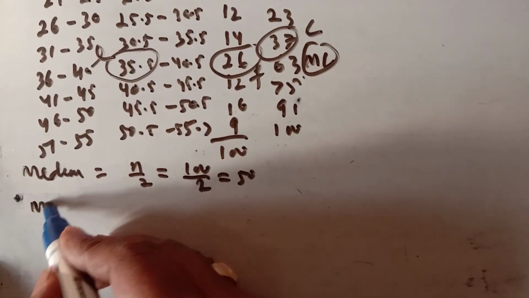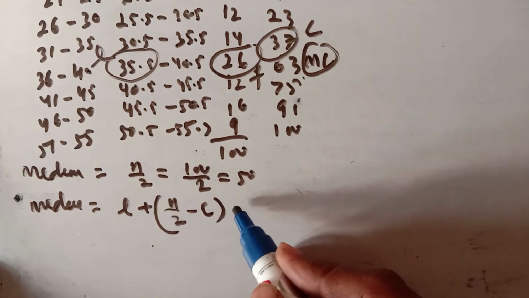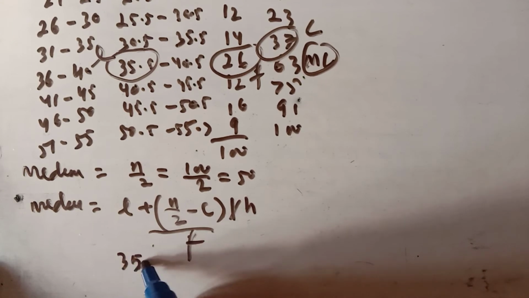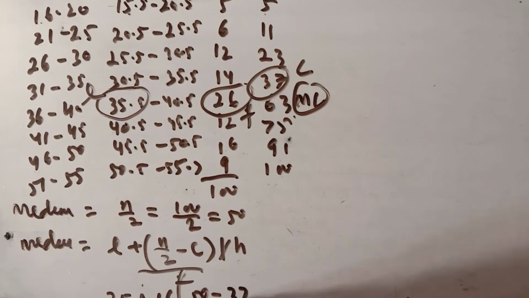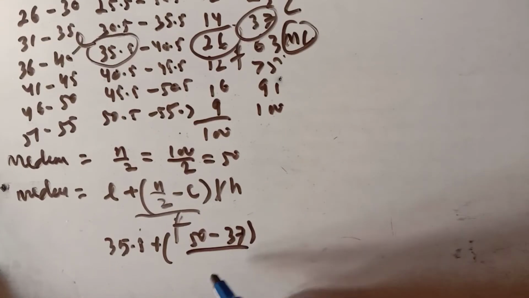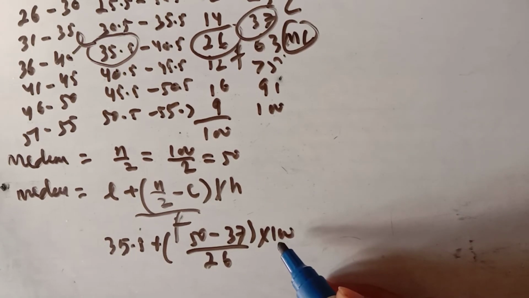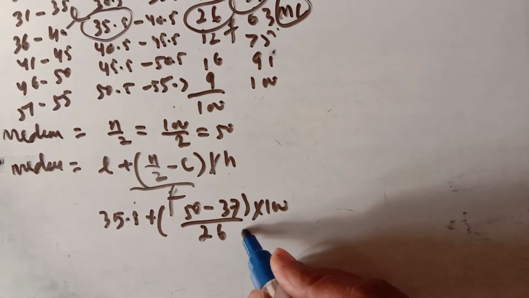So the median is given by the formula L plus (n/2 minus C) upon f into class size. So the lower limit is 35.5, the n/2 that came was 50, the cumulative frequency is 37, the frequency is 26, and the class size is 5. So this is the median of this data.